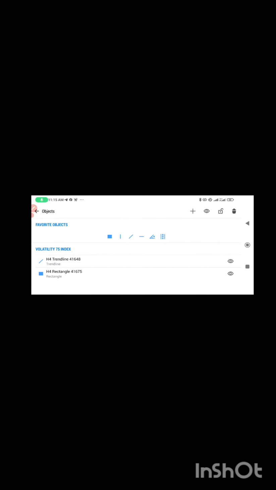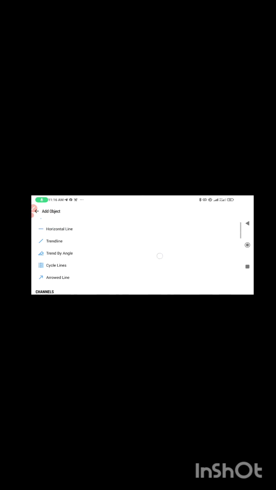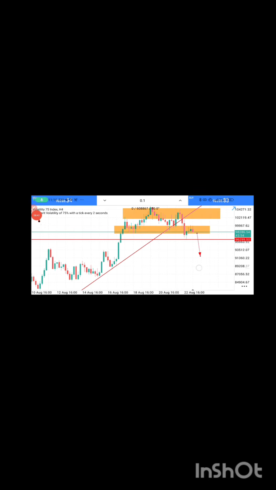There is no trend and the market is ranging at those regions. Then we have this support here, and the market attacked this support, trading below that support. Now this is a sign of strength to the sellers, meaning that sellers have the high probability to set price towards this session.